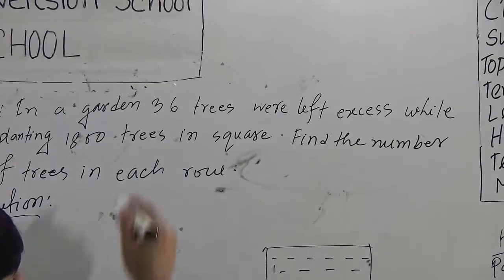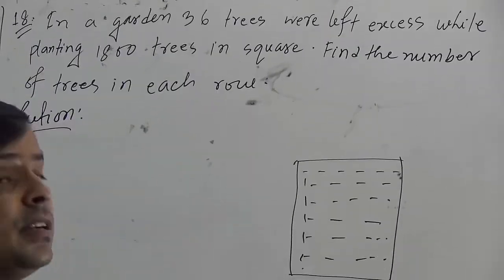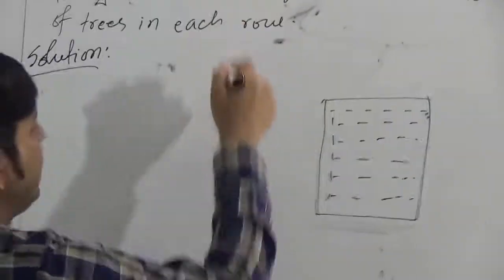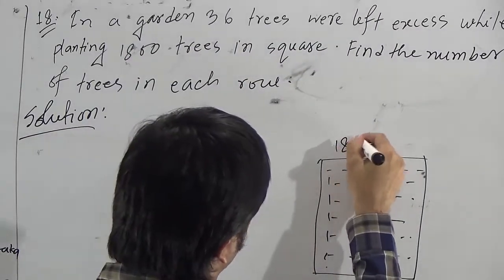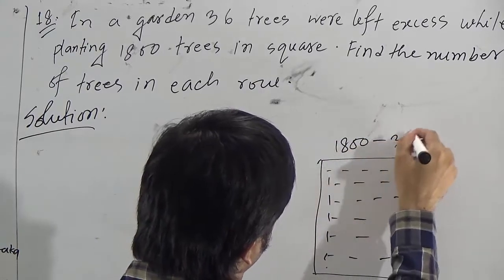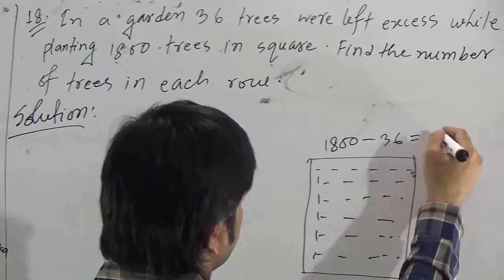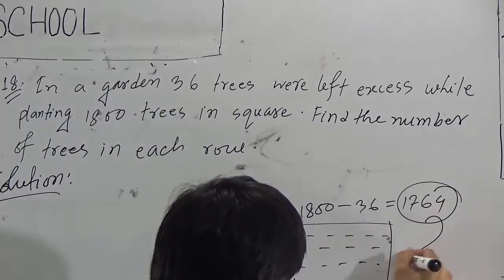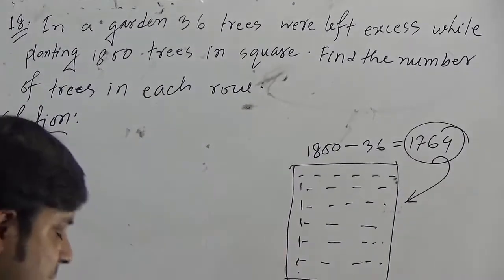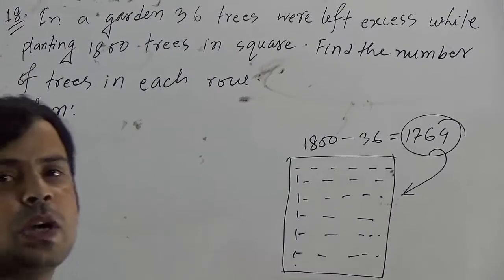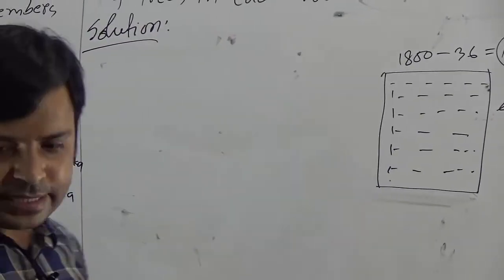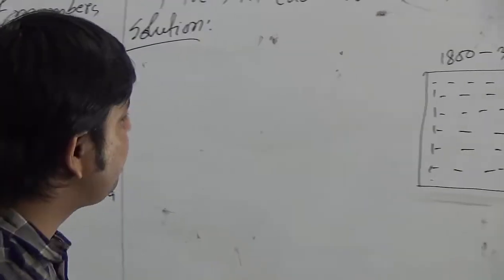Here 36 trees are in excess. It means that if we subtract 36 from 1800, then we'll get 1764. This number of trees we can plant in a square in the garden. Okay, now let us see how we can solve the question.